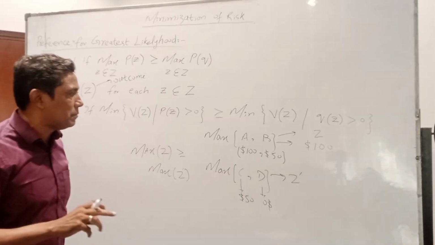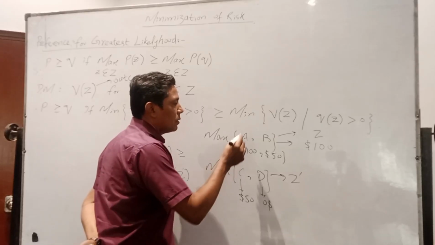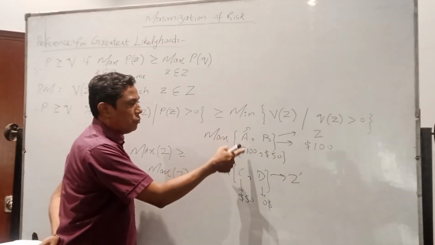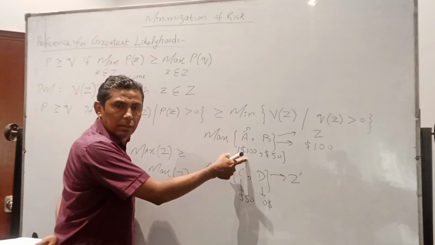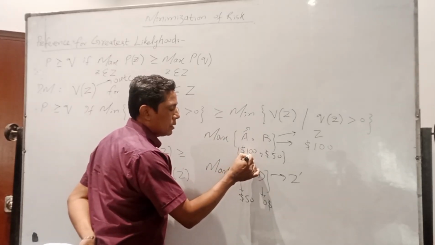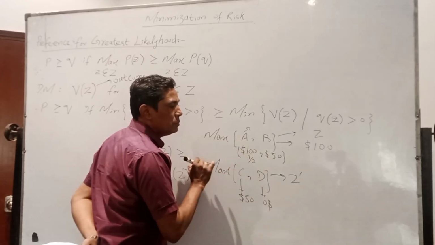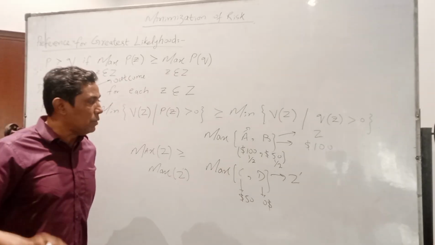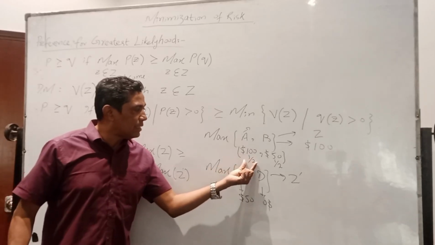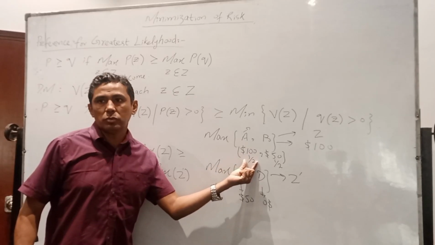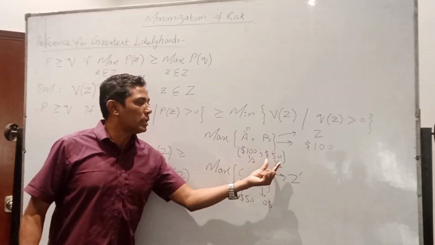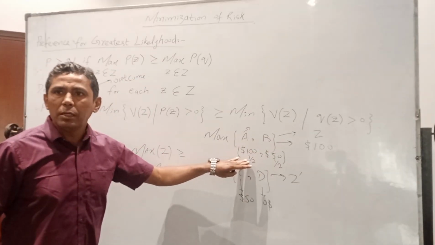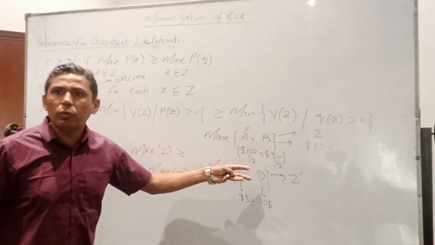Now see, compare it here. For example, again you will have a certain level of probability here. For this outcome, you will have some probability. Clear? Okay. So let's say I assign here 1 over 2 and this 1 over 2. As discussed in the previous lecture, the probability to get $100 is 1 over 2, and the probability to get $50 is 1 over 2. So what is the max probability? The maximum probability for this is 1 over 2.